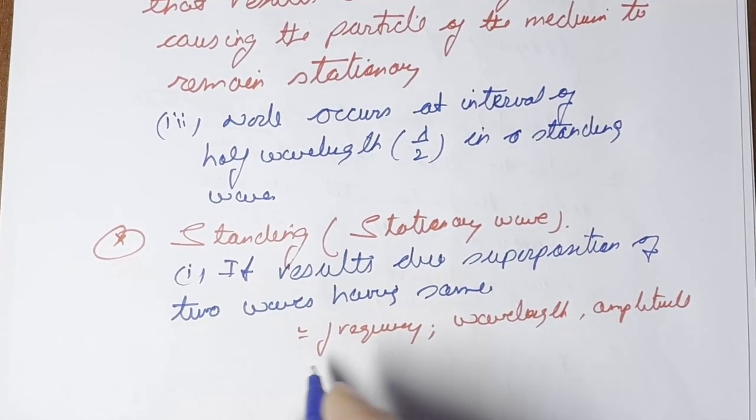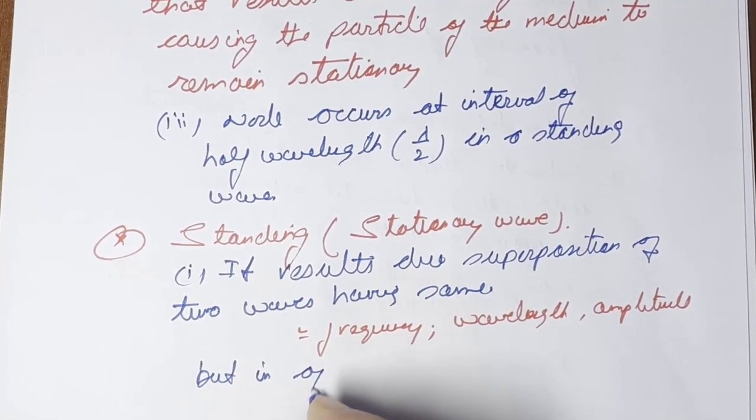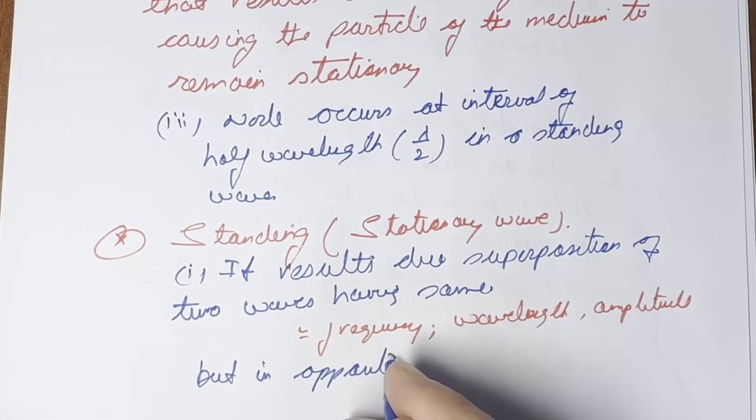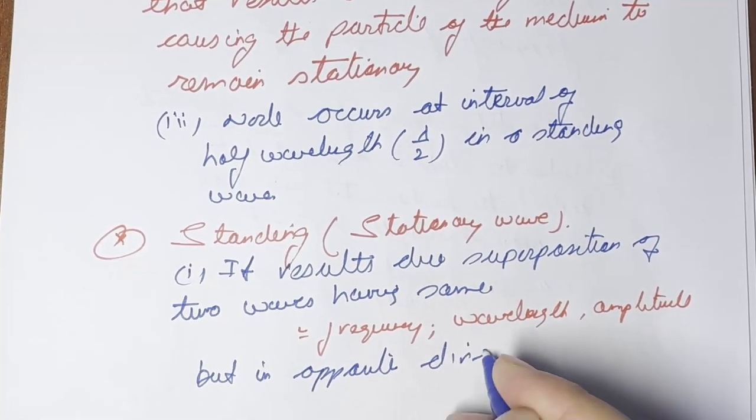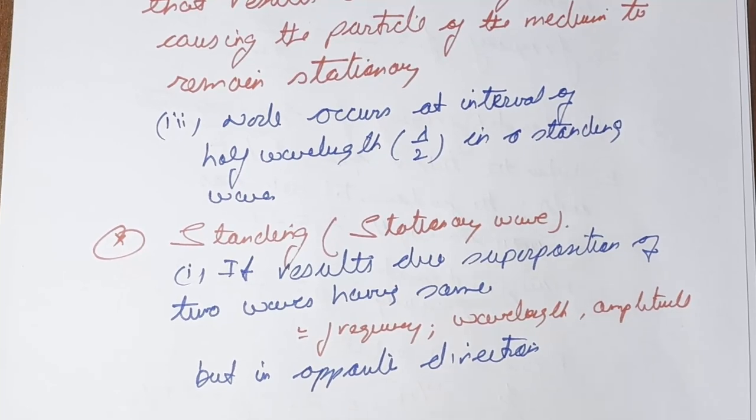So we can say same, but in opposite direction. Now if they do not have similar frequency, wavelength or amplitude, then it results in another phenomenon, which is called beats.